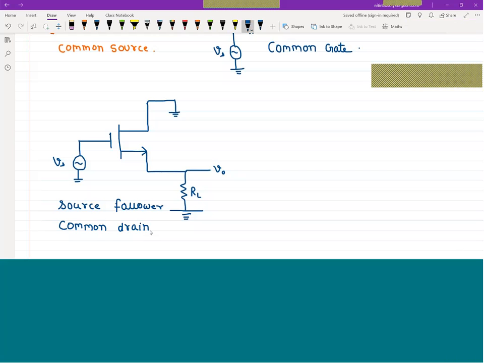So this is the idea for all the circuits, and besides amplification, all the properties are important, which are input resistance, output resistance and all.